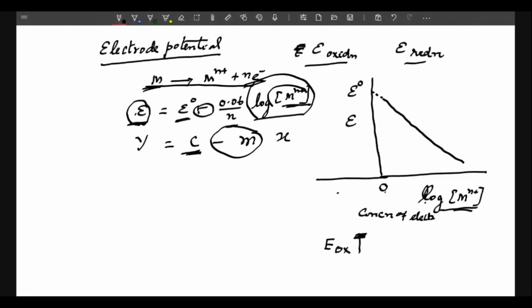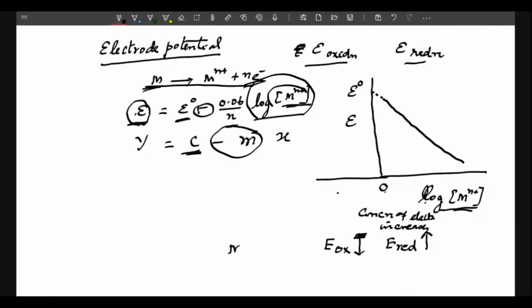When the concentration of the electrolyte increases, the oxidation potential value decreases. Do you understand this? And what about the reduction potential value? What about the reduction potential value? The E of the reduction potential value is going on increasing, just the reverse.